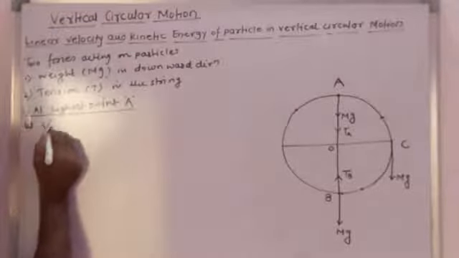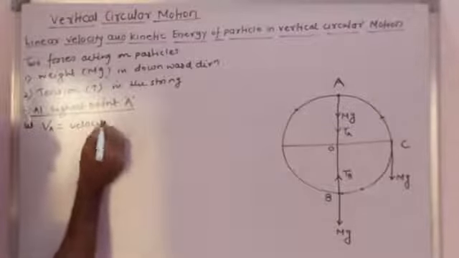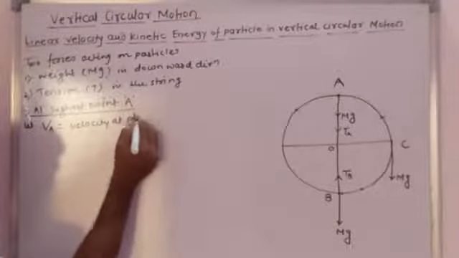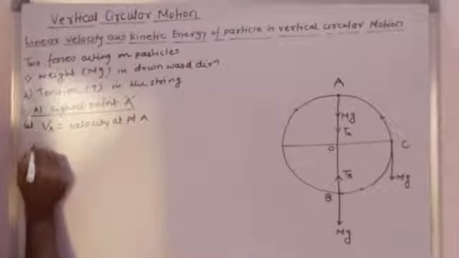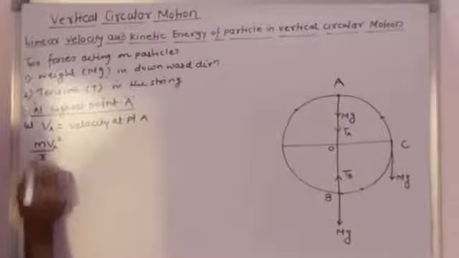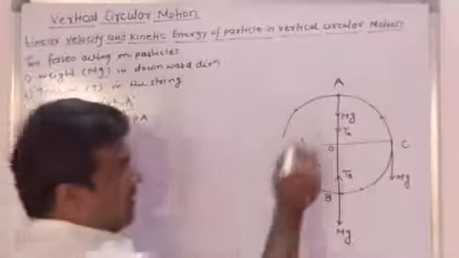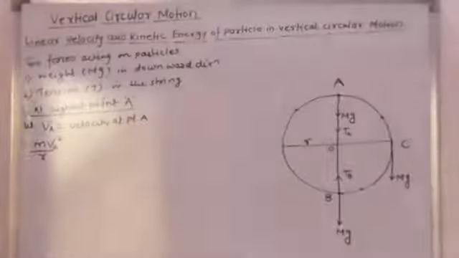Let Va be the velocity at point A. Therefore, we can write the centripetal force m Va square upon r, where r is the radius, that is OA, OC or OB.